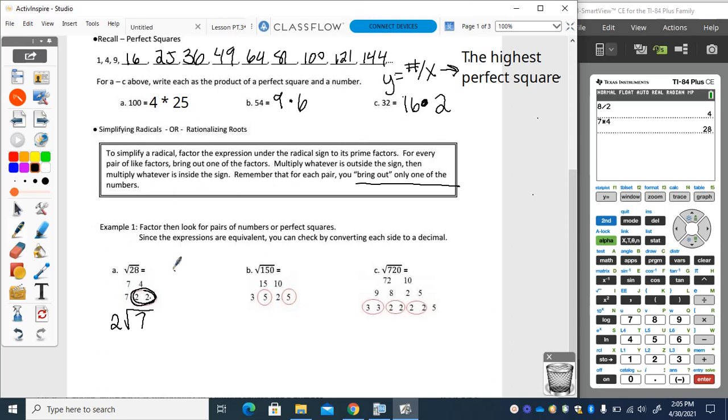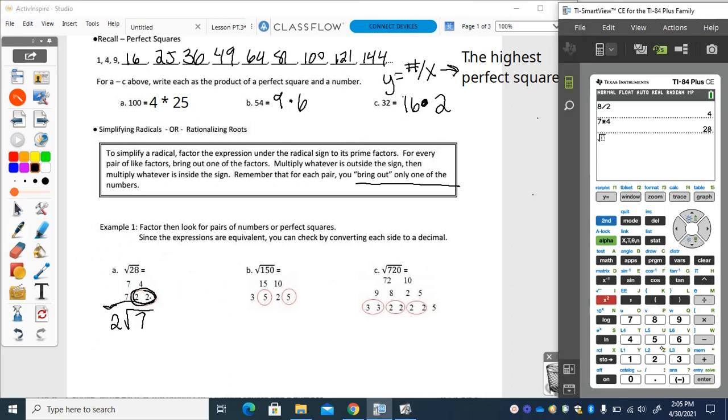What we're doing is prime factorization, circling pairs, putting them on the outside, and leaving what's left over on the inside of the radical. So now let's check out the square root of 28. The second square root of 28. That's just 5.29, blah, blah, blah.